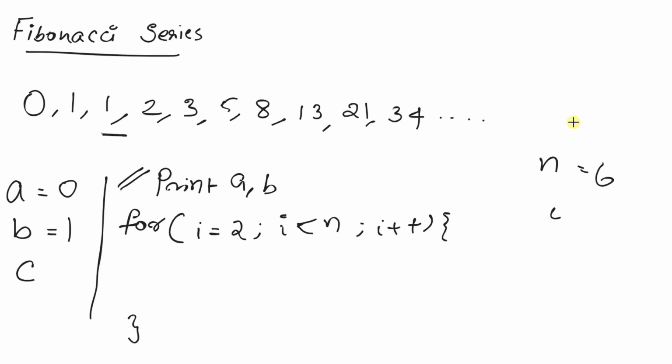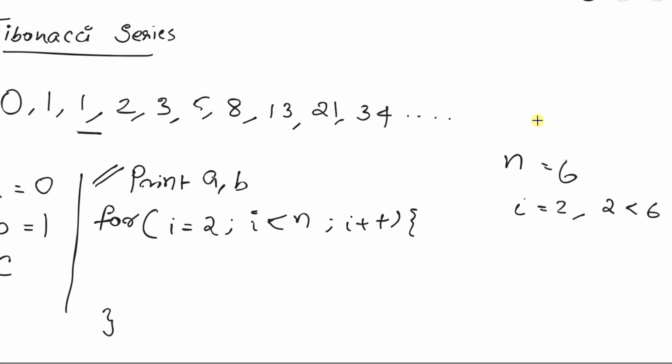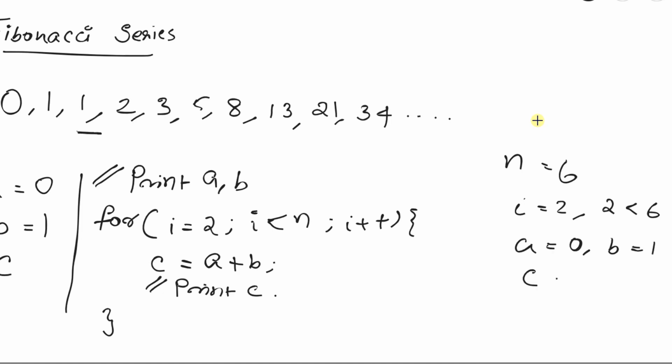Now when I is equal to 2, 2 is less than 6, that is true. Now we are finding the C value. C is equal to the sum of the preceding two numbers, that is A and B. C is equal to A plus B. We have found that. Now we have to print C. So when C is equal to A plus B, means A is equal to 0 and B is equal to 1, C will be equal to 0 plus 1, that is 1.